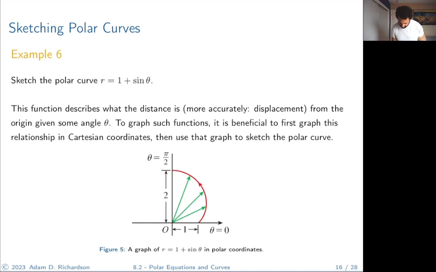So when the angle was 0, we went out 1 unit. When the angle was a little larger, we went out that far, and then this far, and then this far, and then this far, and then we can literally graph the polar curve just by going around the origin, and going out that distance.